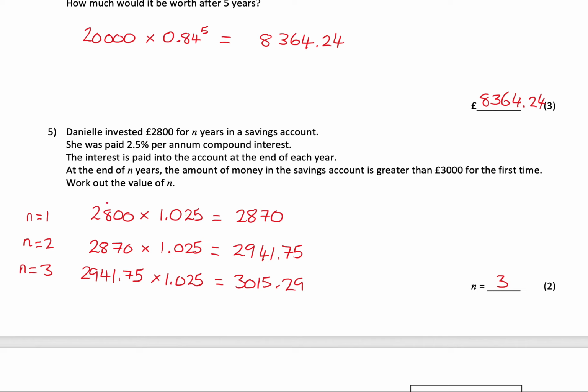So it is multiplying the previous answer by 1.025. When you press equals, this new answer becomes registered to the ANS key. So when you just press equals again, it will do the exact same calculation as what we've done here in our second row. And press equals again, and it will repeat this again on the third row.